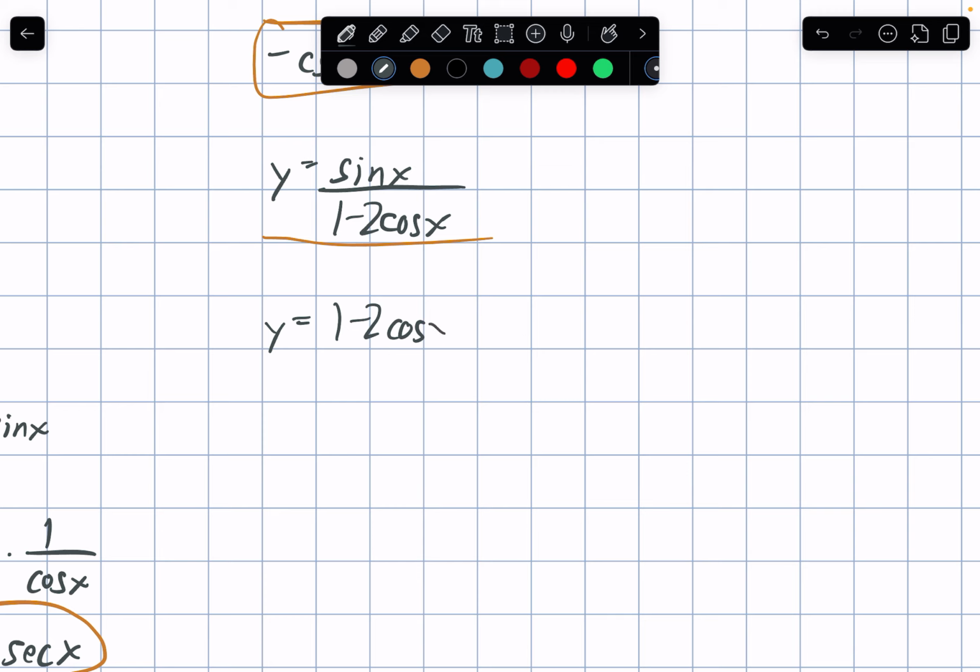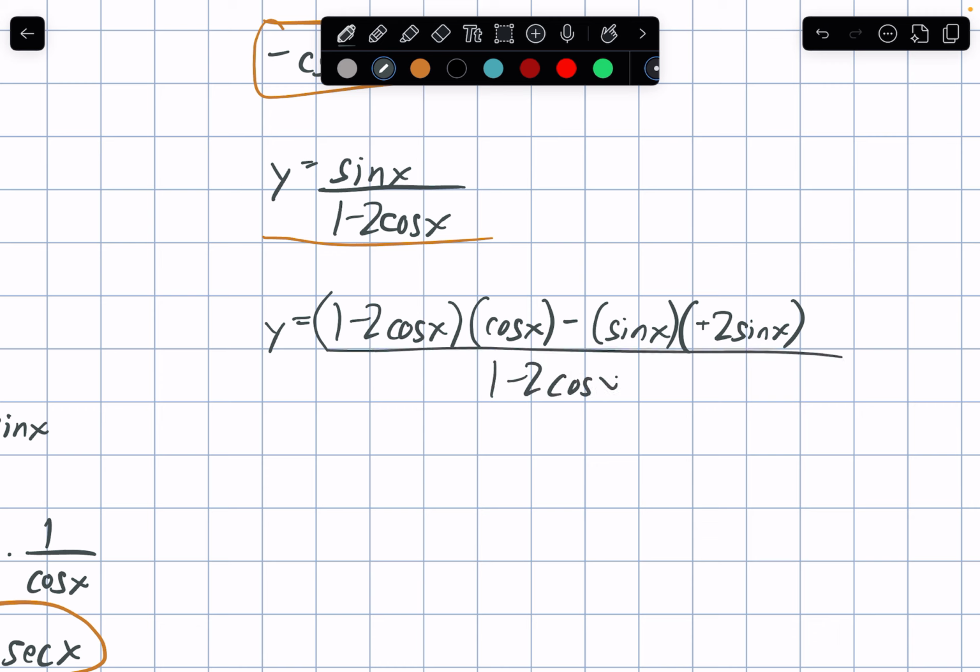So below it's going to be this, and then cosine x minus 2 cos squared x minus 2 sine squared x.